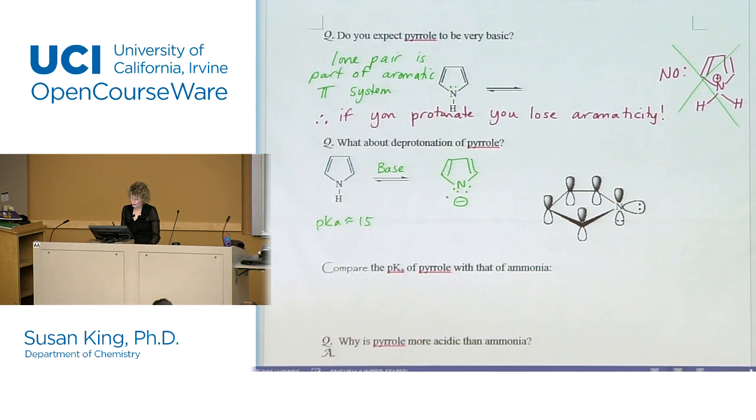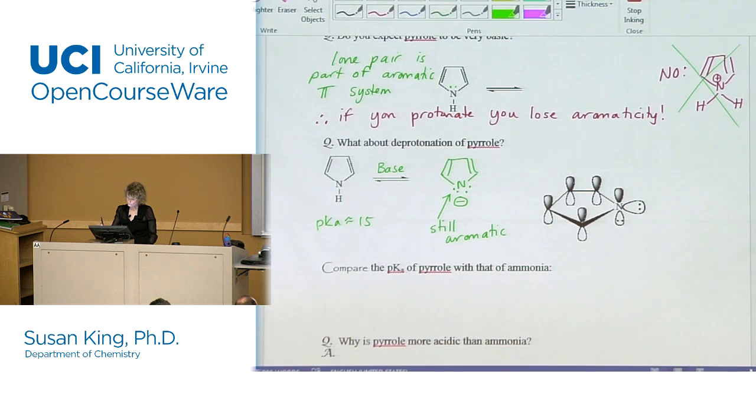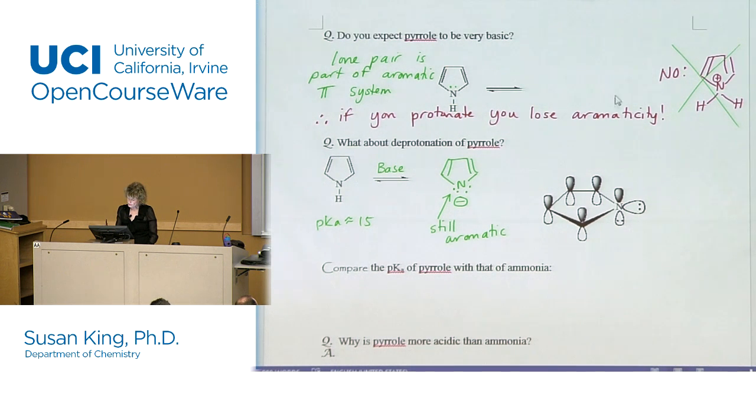This is still aromatic. Looks like this. Okay, so this is a p orbital here. This is an sp2. And looks like furan.